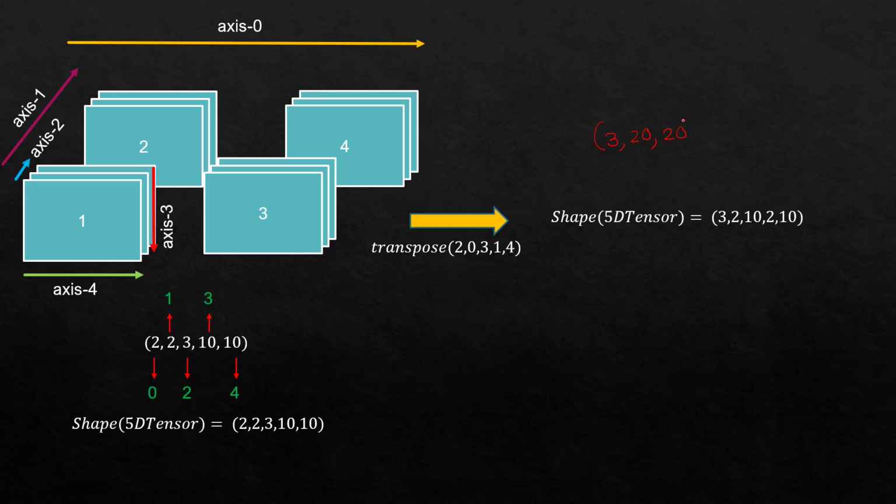That is what our target shape is, right? And there is a reason why we reshuffle this, because we are just keeping 3, then this 2, 10 and this 2, 10 together, so that we can apply another reshape operation to combine this 2 and 10 to make it a 20, and over here as well. That is our intention over here.